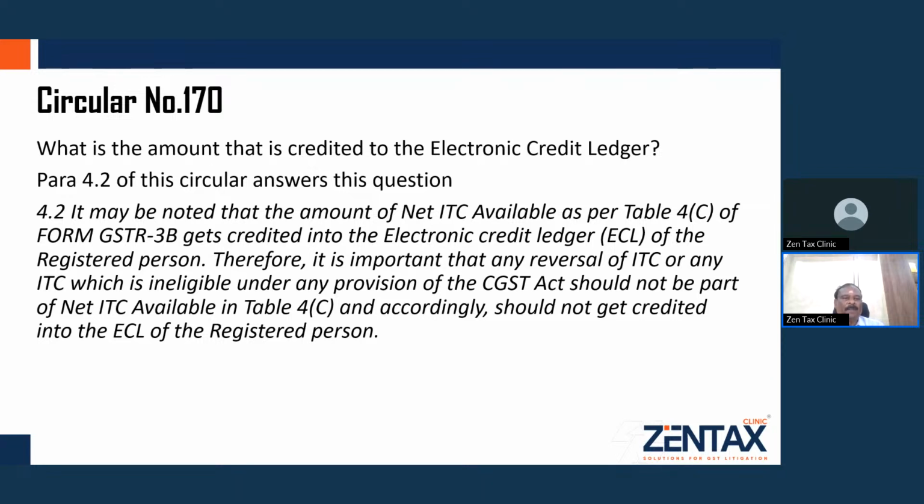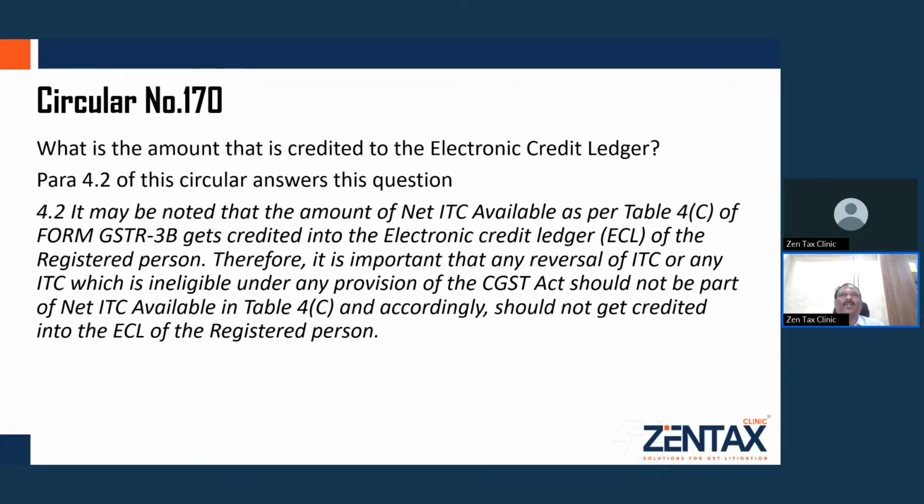See, para 4.2 of the circular, I have reproduced the exact wording, because this is very crucial for understanding and filling the GSTR 3B. It says: it may be noted that the net amount available as per Table 8C of Form GSTR 3B gets credited to the electronic credit ledger.